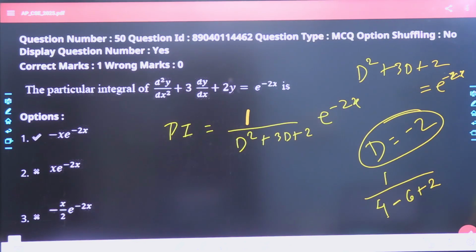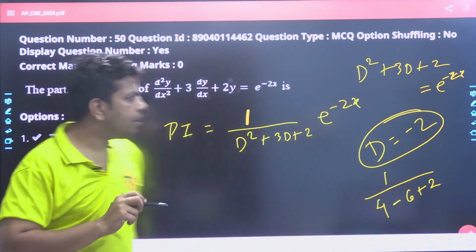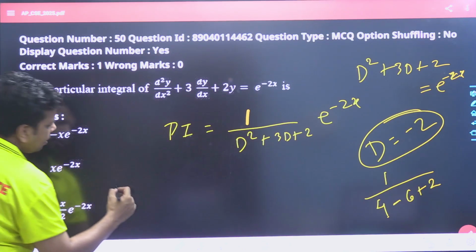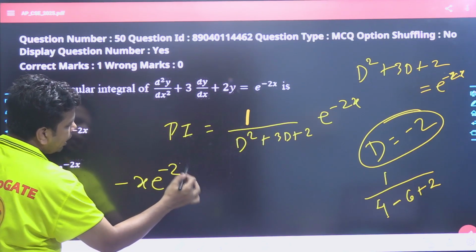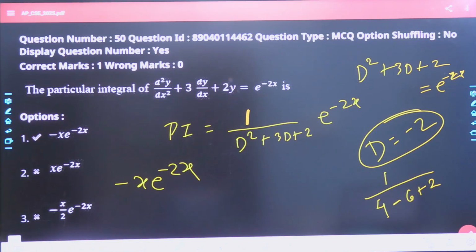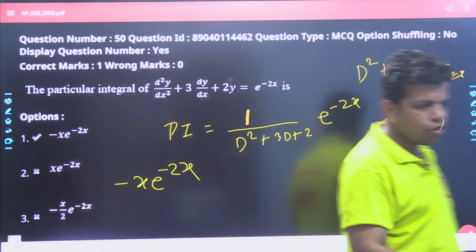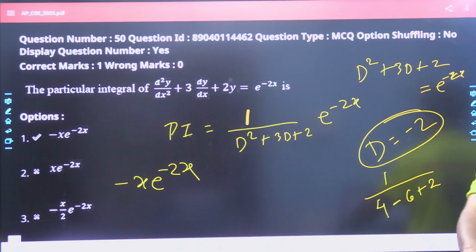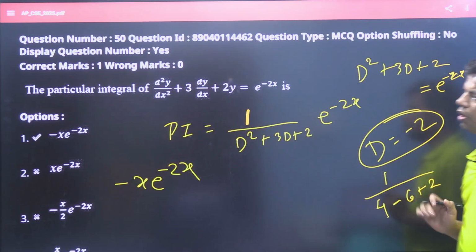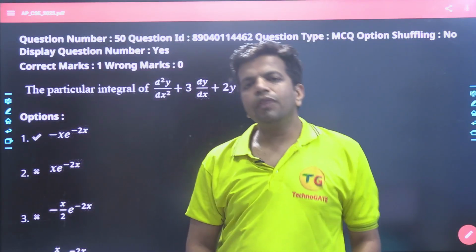So it's simply minus x into e to the power minus 2x. That would be your final answer. This is your particular integral, because they're asking the question related to the particular integral. So you can go with the first option.